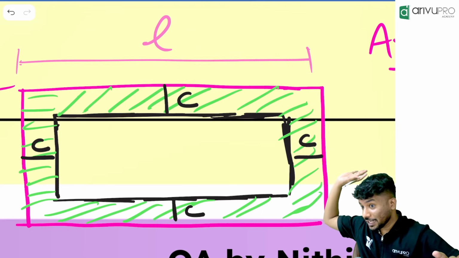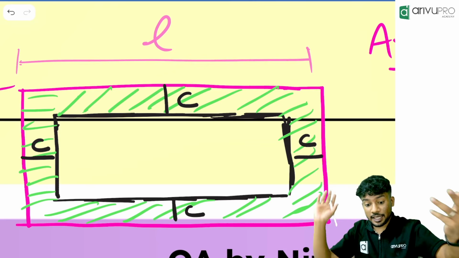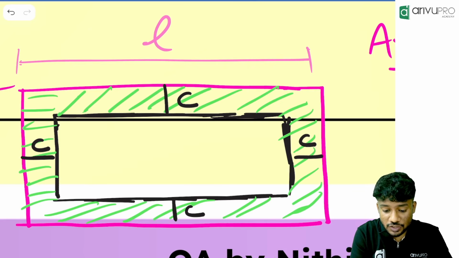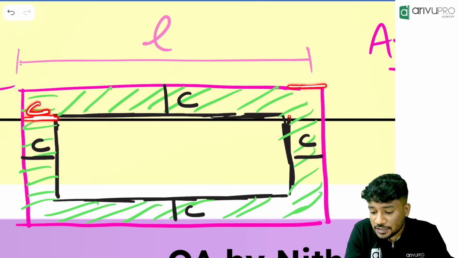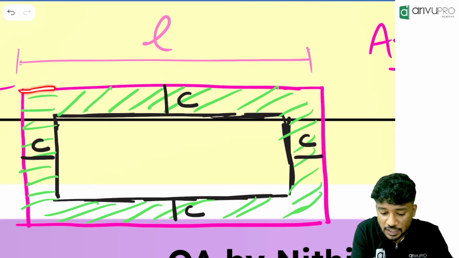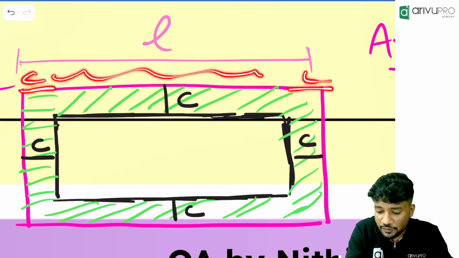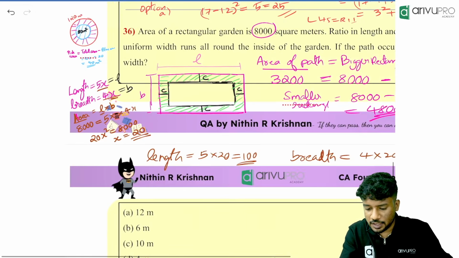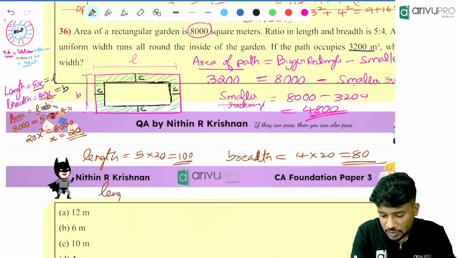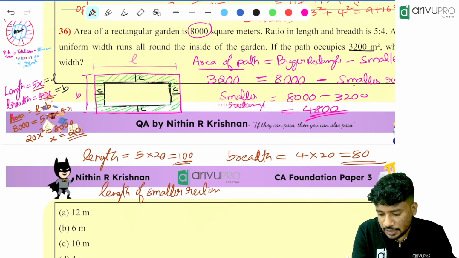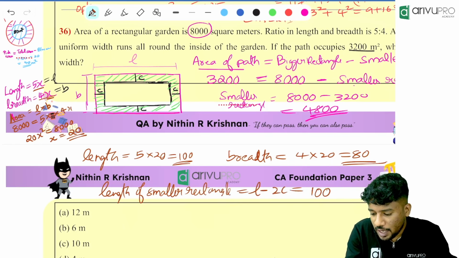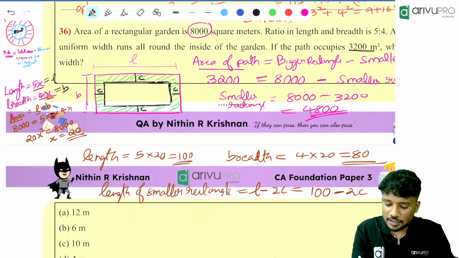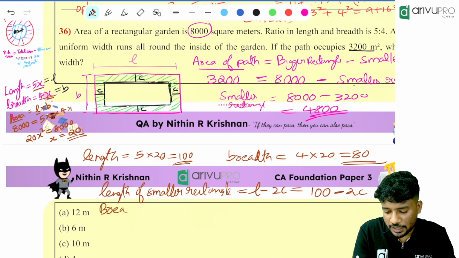If I reduce this C and this C from the length of the bigger rectangle, I will get the length of the smaller rectangle, which is L minus 2C, or 100 minus 2C.